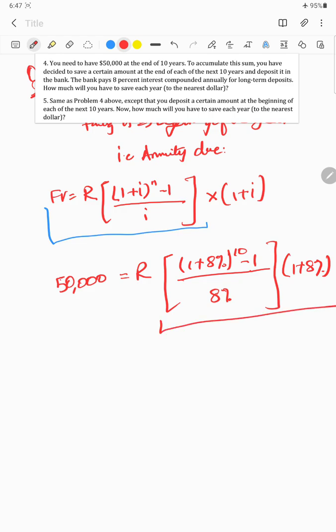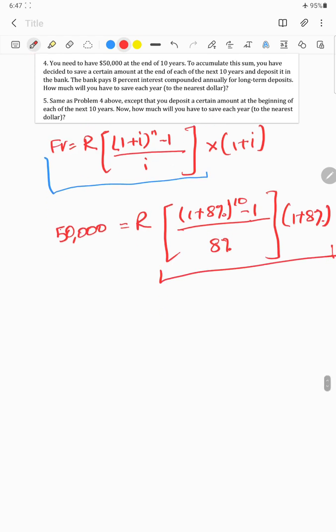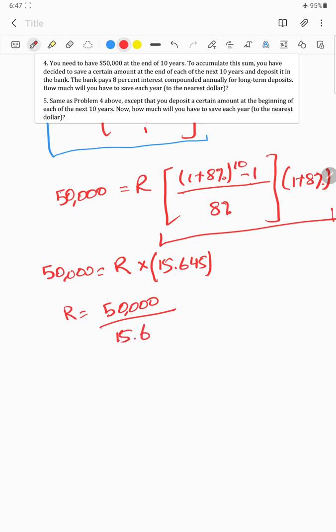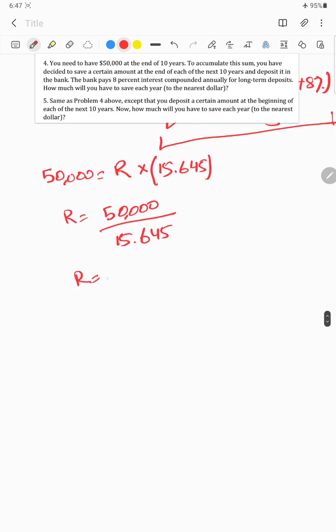So if we solve this equation, this would become approximately 50,000 equals R into the brackets, 15.645. In other words, R would be $50,000 divided by 15.645, which would become approximately $3,196.